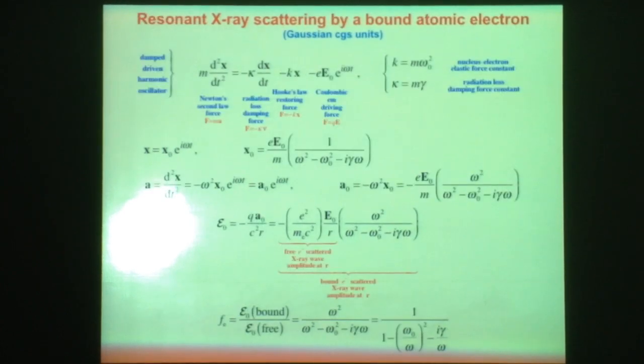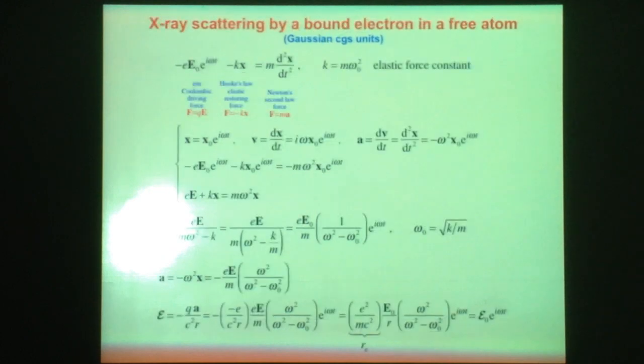Well, that's resolved by the fact that the oscillation of the electron is producing electromagnetic radiation. So there's an energy loss, a radiation loss, that's equivalent to a damping force on the oscillations of the electron. So that ratio doesn't go infinite.